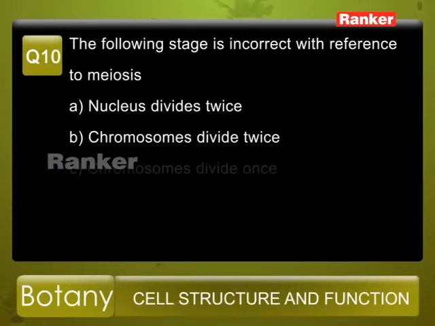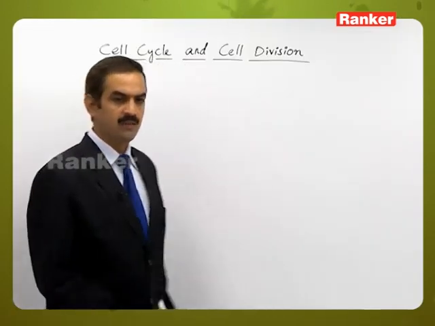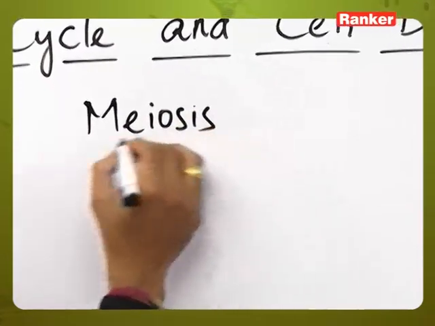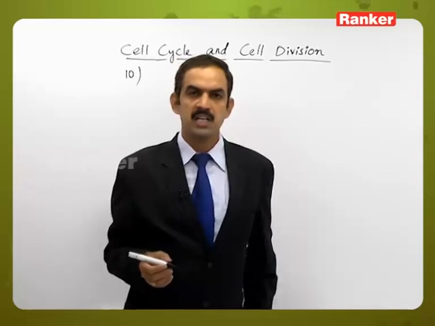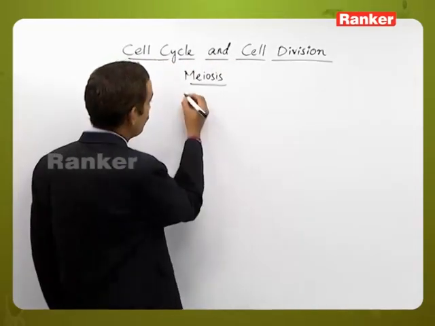The following stage is incorrect with reference to meiosis. Options are A. Nucleus divide twice, B. Chromosomes divide twice, C. Chromosomes divide once, and D. Centromere divides once. So here the statement is related to the meiosis division. When a cell undergoes meiosis, it will undergo meiotic division, where 2 stages are there.